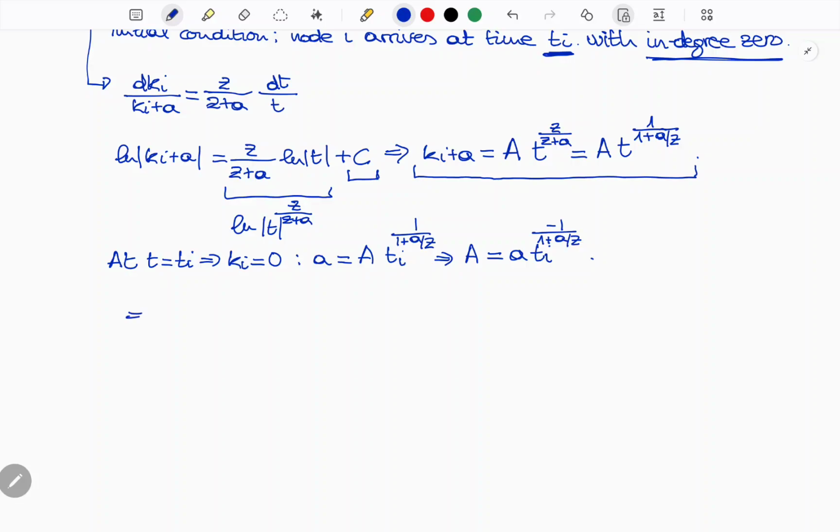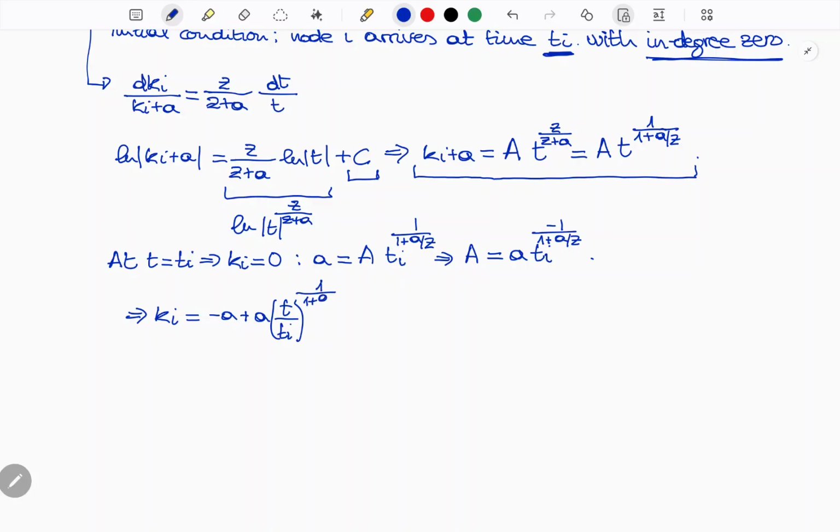So in the end, when I substitute this value of a in the expression of ki, what I obtain is that ki is equal to minus a plus a, where we have t to the power of some exponent, and ti to the power of minus the same exponent. So it's just t over ti with exactly the same exponent. One is dividing and the other one is multiplying.